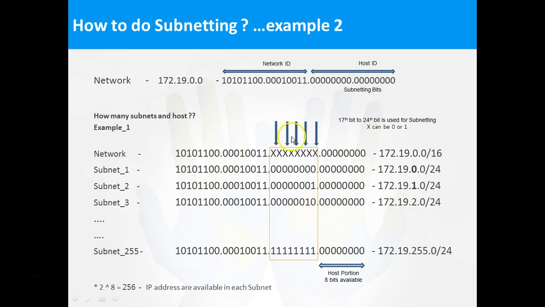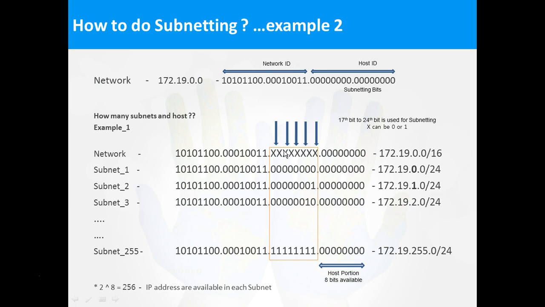That is, this octet entirely you are taking for subnetting. Exactly to say, you are taking the 17th bit to 24th bit for subnetting. I am marking the third octet as XXX fully. Let us see how many subnets and the number of hosts in each subnet are available.